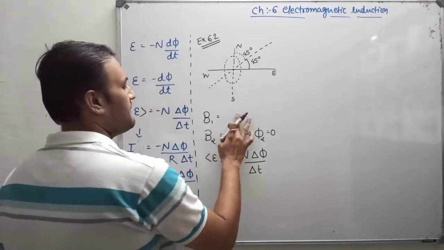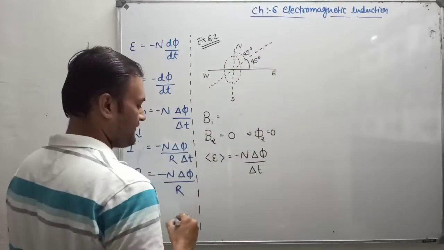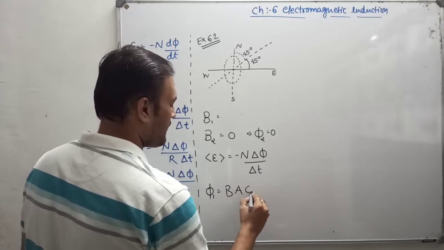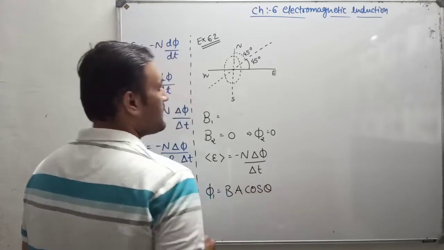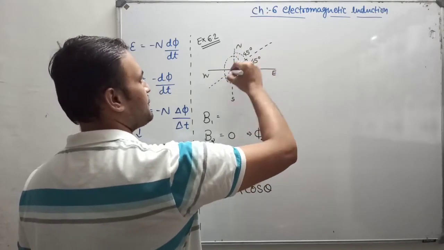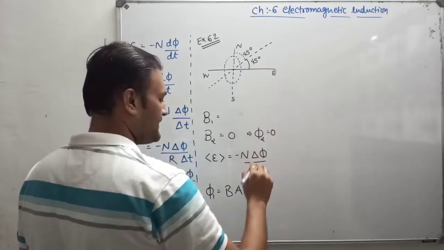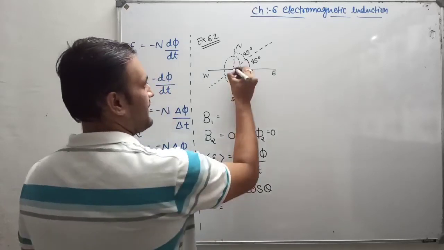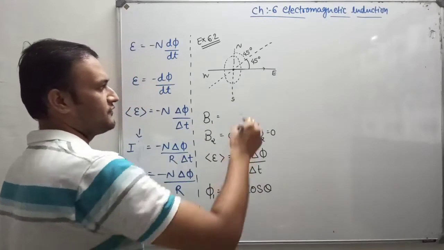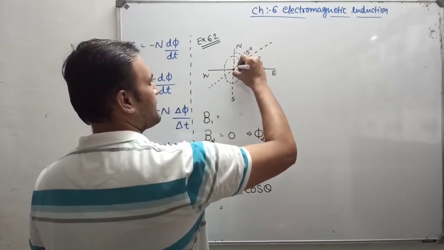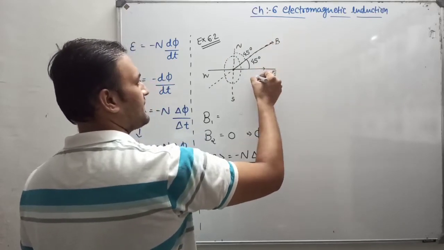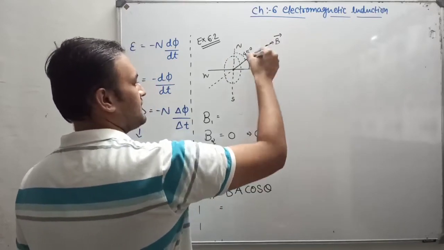So here B1 is the earth's magnetic field, so phi 1 is equal to BA cos theta. But the magnetic field is not toward east. So here it will make an angle of 45 degrees with the east. I know the area vector is this, and this is B. So the angle between B and A is 45.